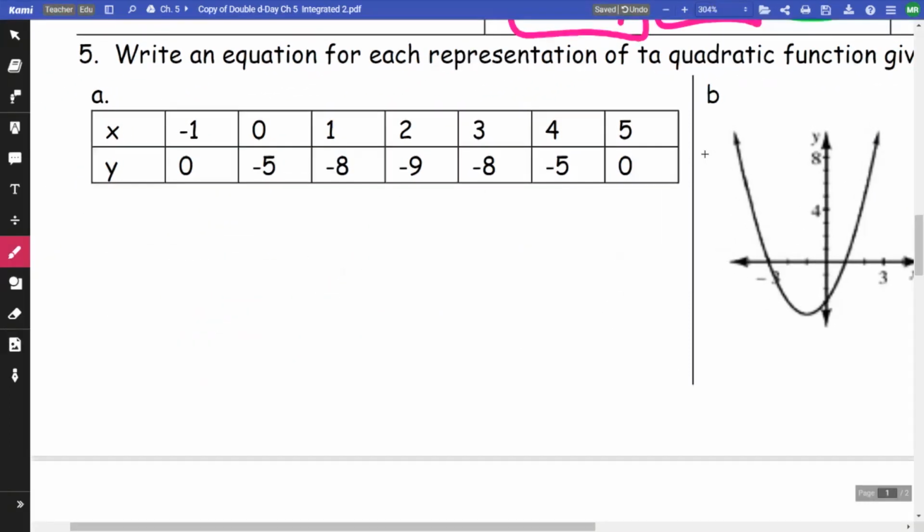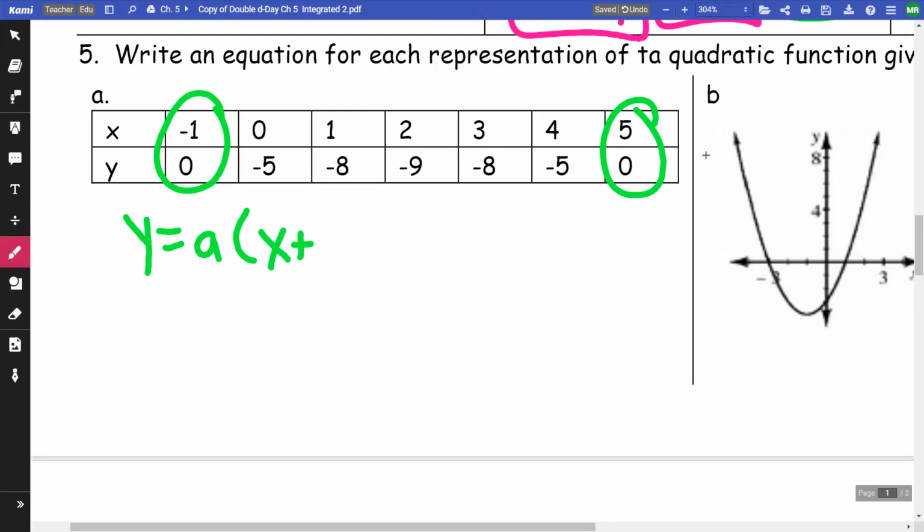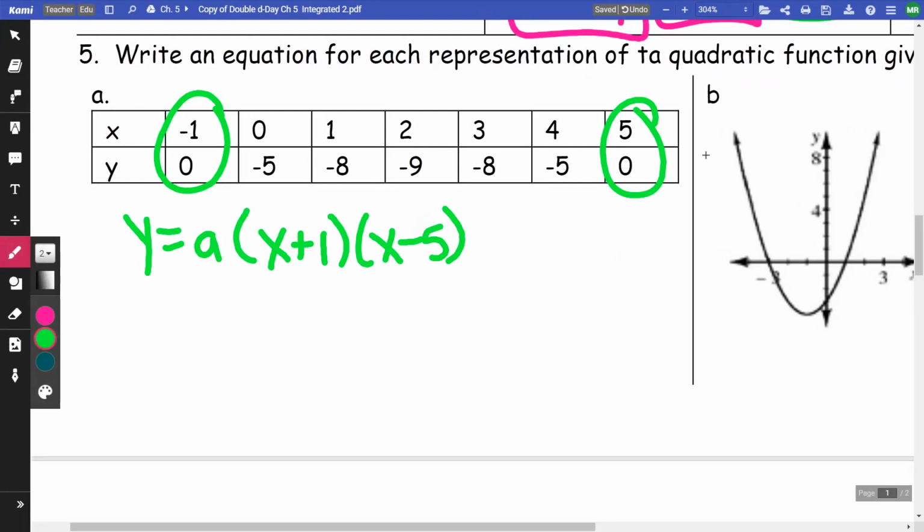On number 5, I'm trying to write a quadratic. So I'm going to be looking for these x-intercepts. And so it's going to be y equal a, and the negative 1 comes from an x plus 1. My 5 comes from an x minus 5. And then I want to double check my stretch. So I'm going to put in a point. The one I circled, the y-intercept, is probably the easiest to put in. 0 is going to go in for x, and -5 is going to go in for y.